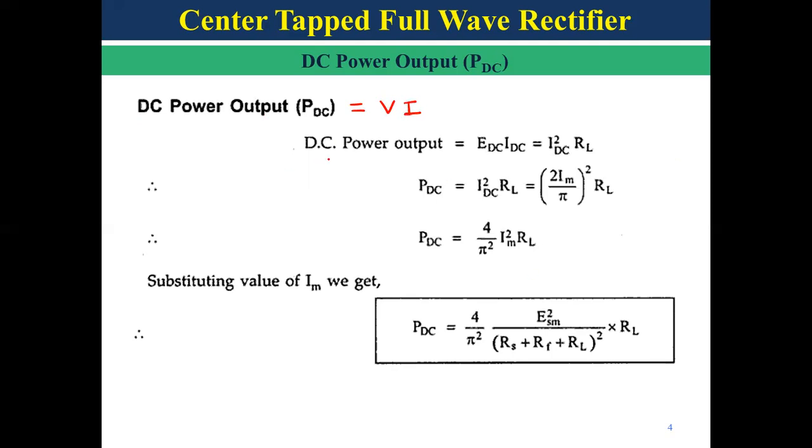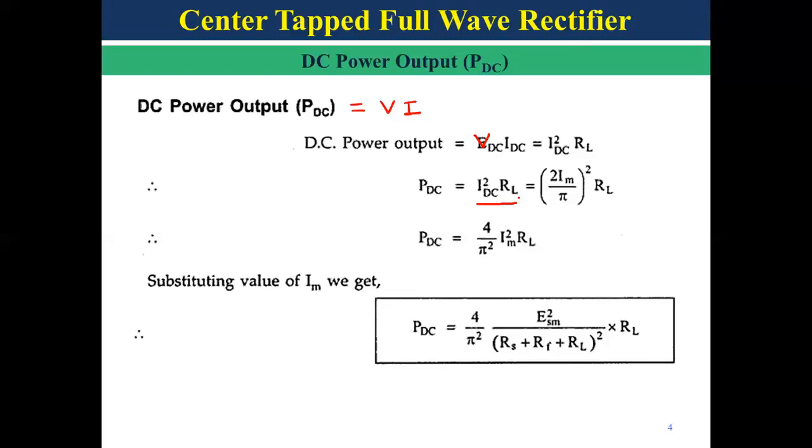That's why DC power output equal to EDC into IDC, or we can call it VDC into IDC. Since VDC equal to IDC into RL, if you substitute IDC into RL in place of VDC, then we are getting IDC square into RL. So the DC output power can also be calculated by using this IDC square into RL.